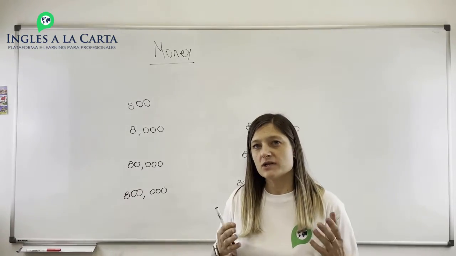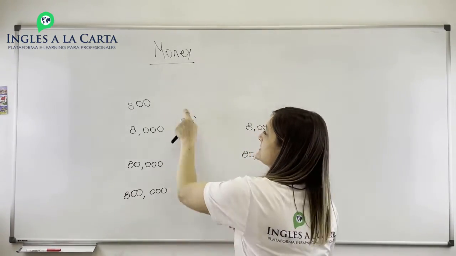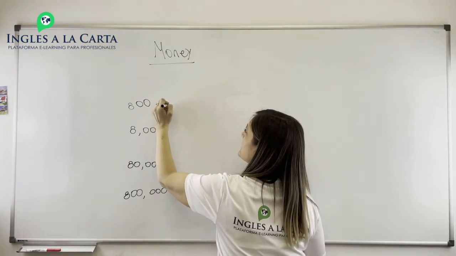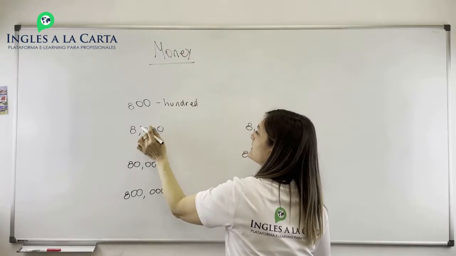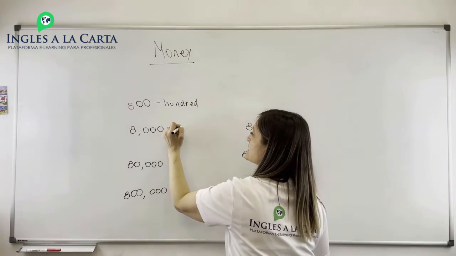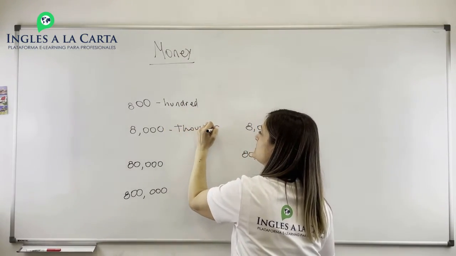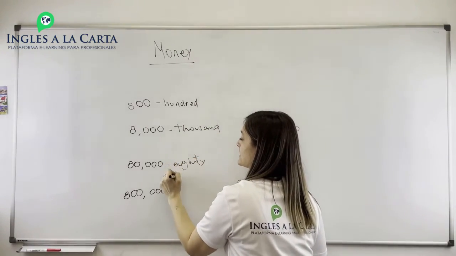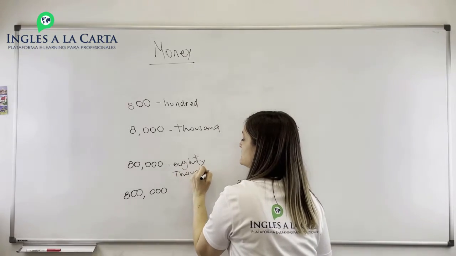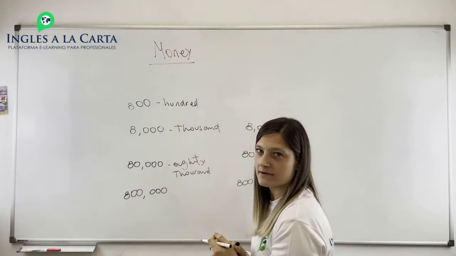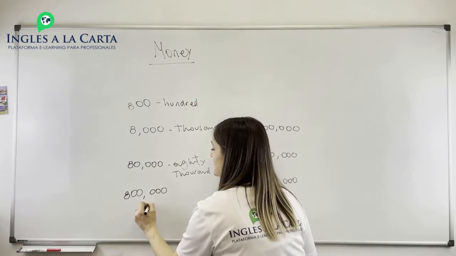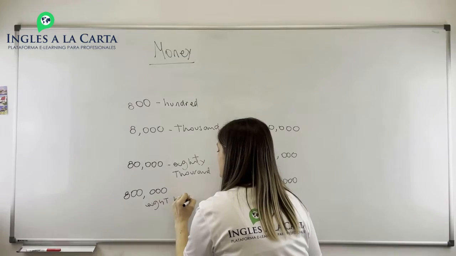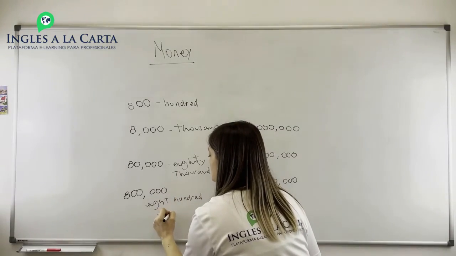Now we're going to talk about large numbers. Let's start with 800. Here we have 8,000. Here we have 80,000. And here, do you know? 800,000.